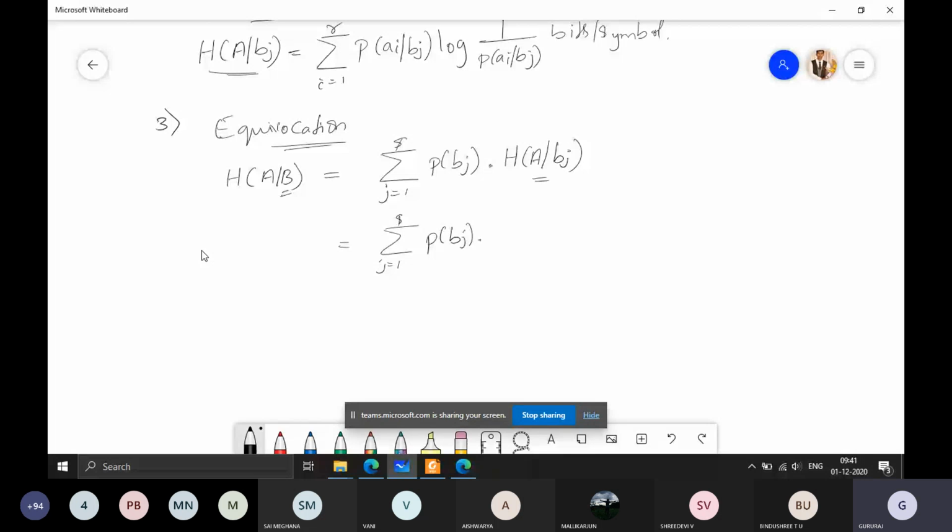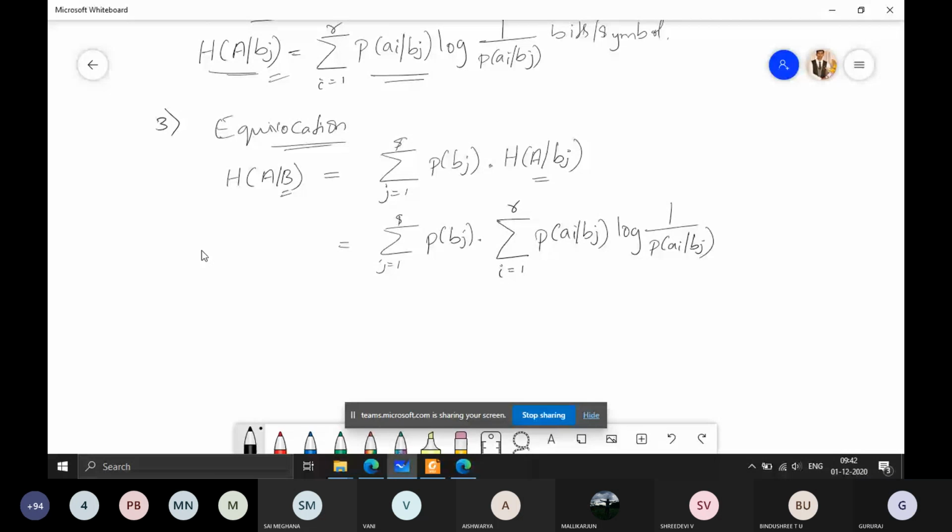What is H of A by Bj? Summation i is equal to 1 to R. This formula I have to substitute, that's all. Summation i is equal to 1 to R P of Ai by Bj into log 1 by P of Ai by Bj.